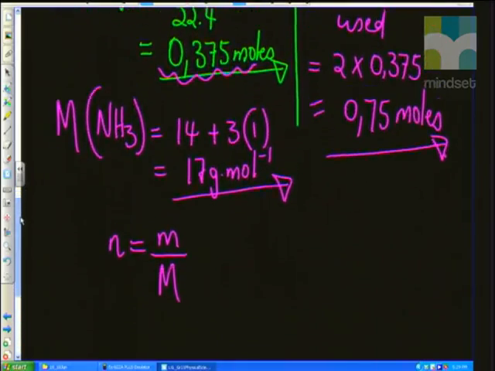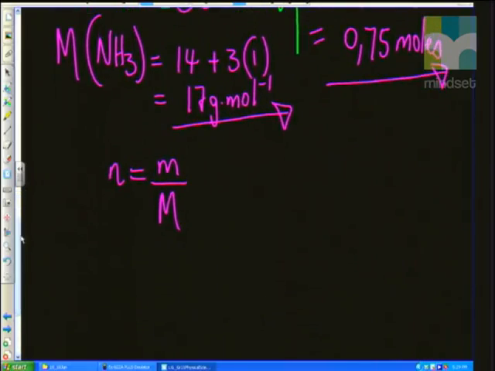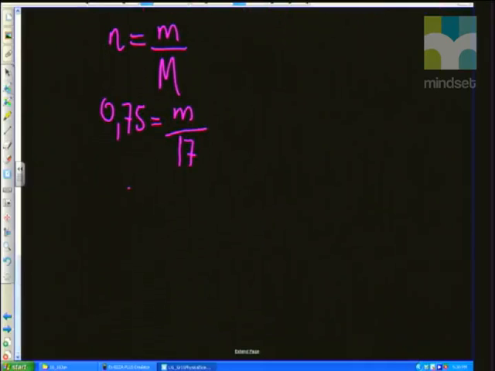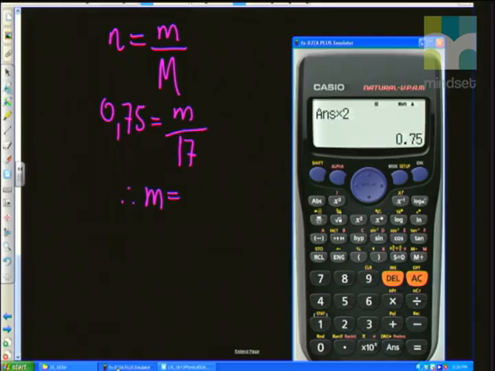And from here I can say, remember I want the mass of ammonia, the number of moles for ammonia is this one here, 0.75. So I can say 0.75 equals mass divided by the molar mass, which is 17. And from here we can see that mass will be equal to 0.75 times 17. Let's see what we get here.